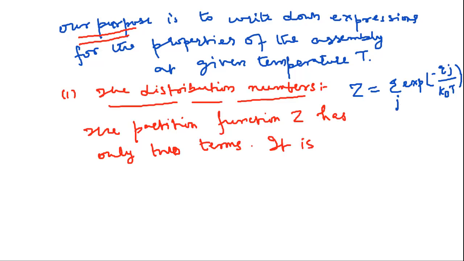So it is the sum for all the states of these Boltzmann factors, as we call them, exponential minus epsilon j by kBT, right?